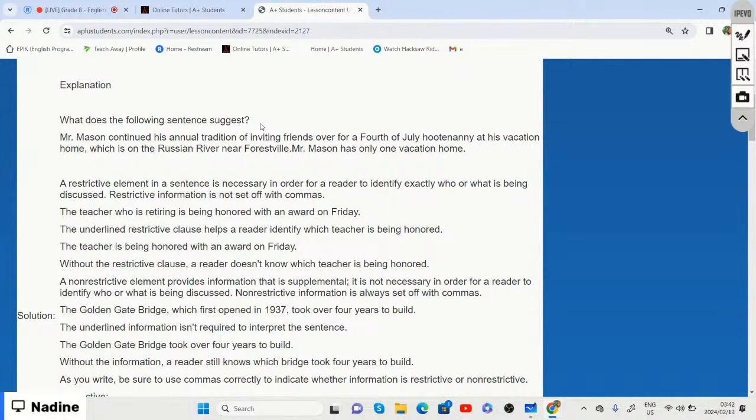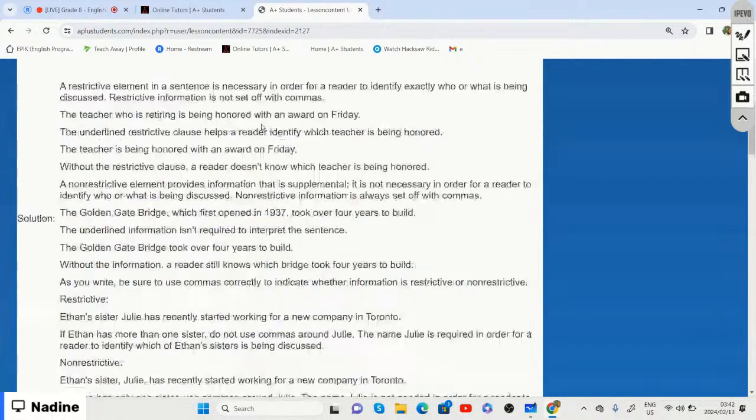Remember, with a non-restrictive element, especially compared to a restrictive element, it is set off with commas, meaning that you need to use commas, and you need to put the commas correctly within the sentence.